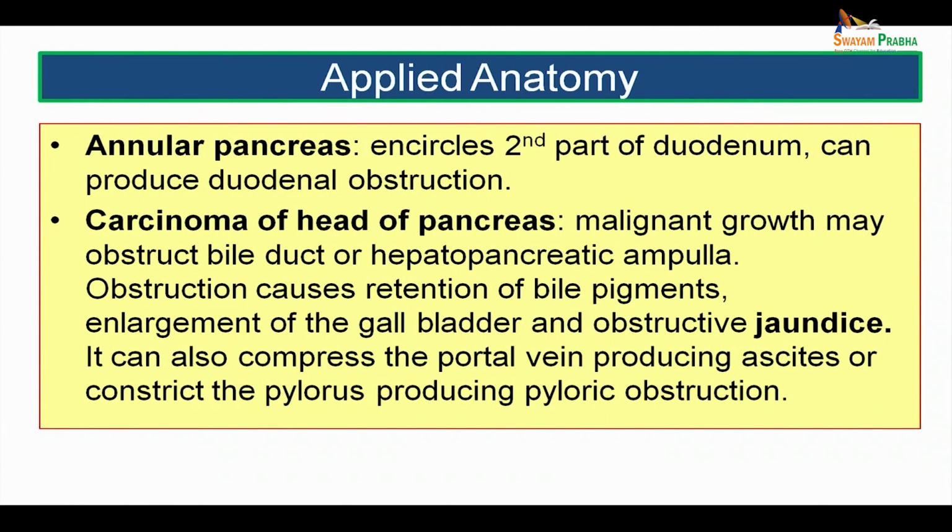It will then compress the portal vein, producing signs of ascites, or collection of fluid in the peritoneal cavity. It may also constrict the pylorus, producing pyloric obstruction. So, this explains the various symptoms which were seen in the case scenario of carcinoma of head of pancreas.